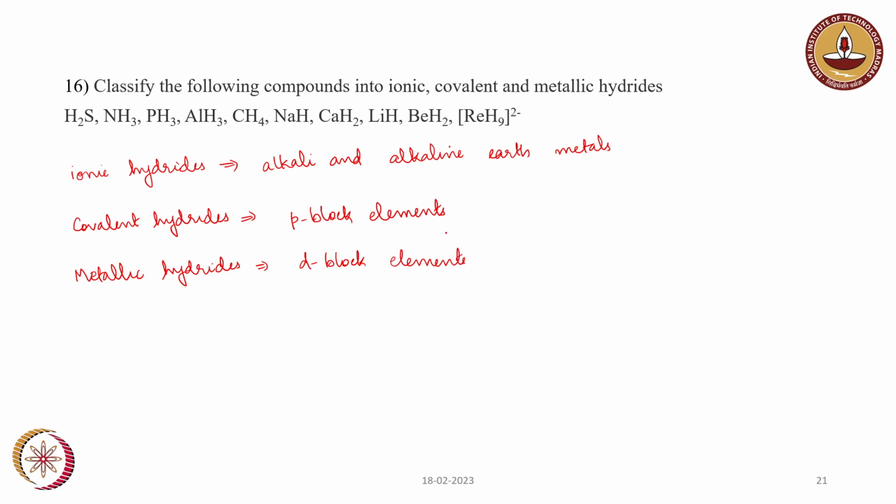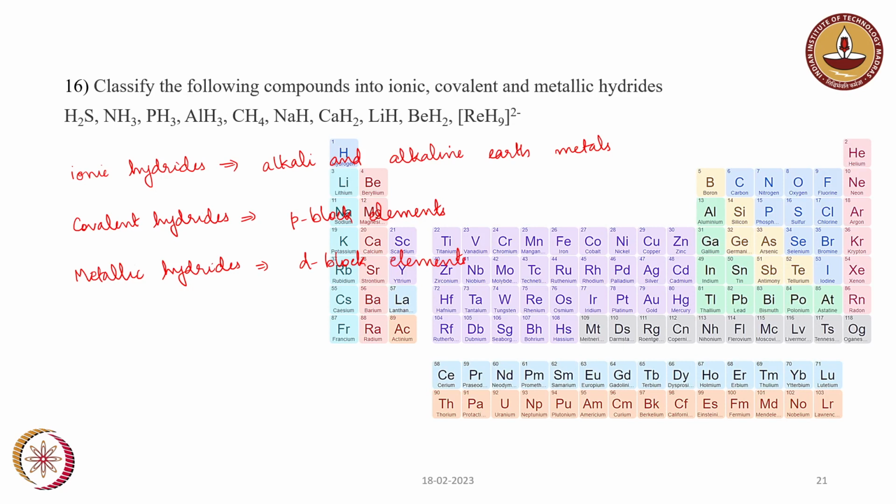So here is the periodic table, and from here we can classify each of these hydrides. First one is H2S, and sulfur is in the p block.